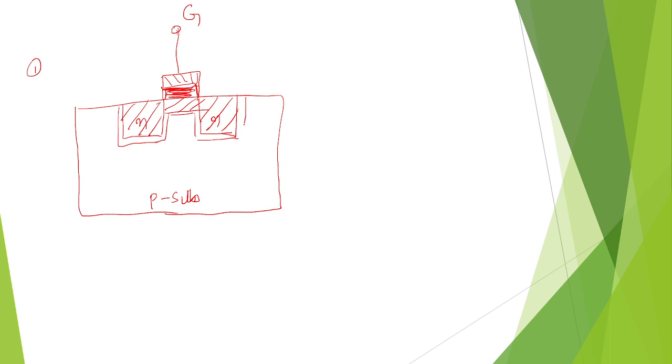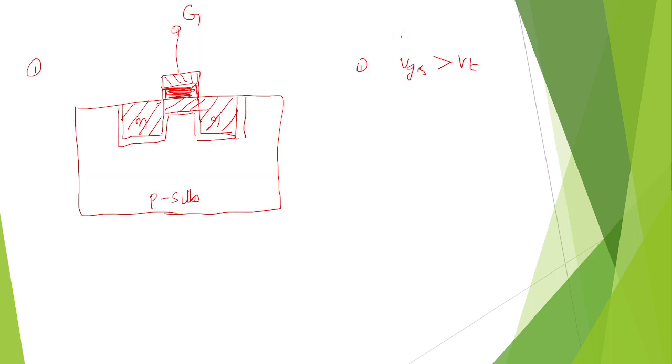In this case, the first condition is VGS greater than or equal to VT, or less than. Assume that VGS is only 0.2 volts. But we know the threshold voltage for the transistor, if it is silicon material, is 0.6.